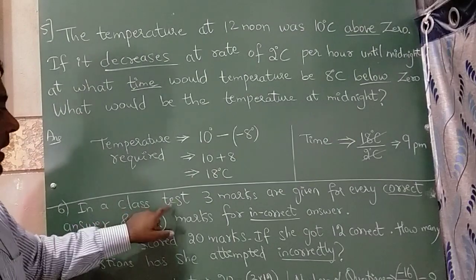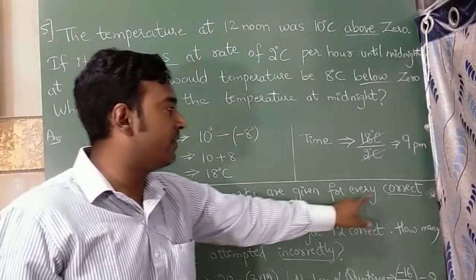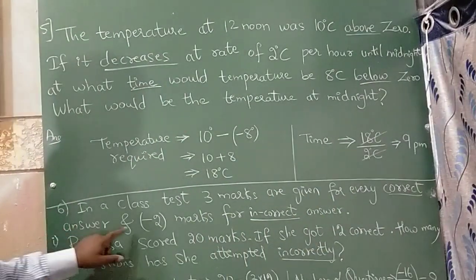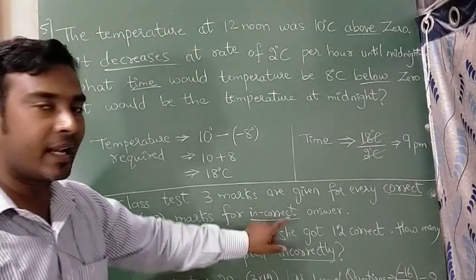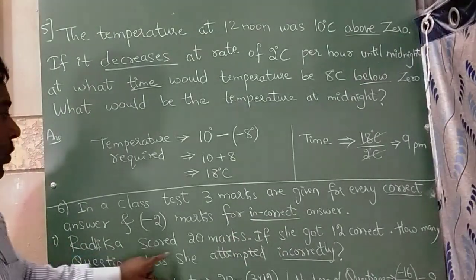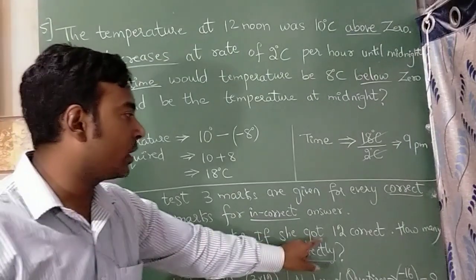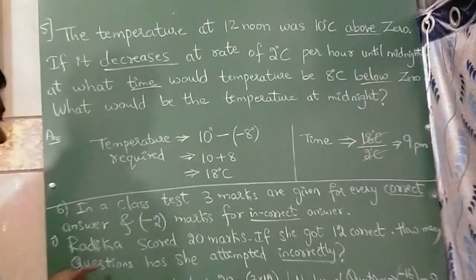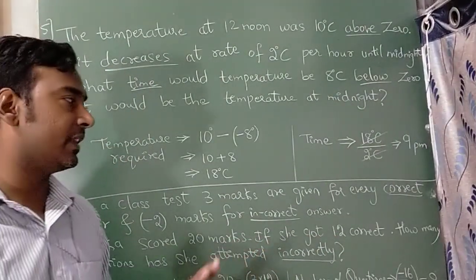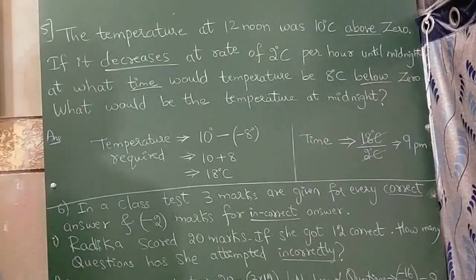In a class test, 3 marks are given for every correct answer and minus 2 marks for every incorrect answer. So Radhika scored 20 marks. If she got 12 correct, how many questions has she attempted incorrectly? They are asking how many questions.